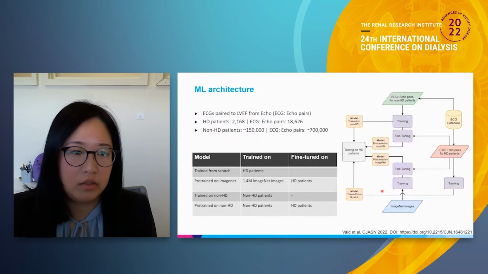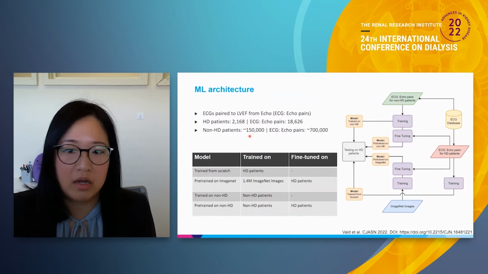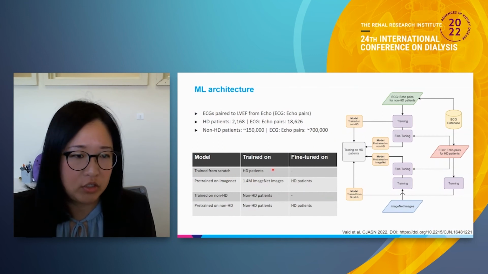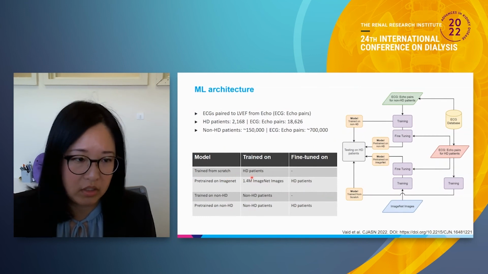So in our study, we used ECG and echo pairs from 2,000 HD patients and approximately 150,000 non-hemodialysis patients. And we trained our models using 4 different strategies. Trained from scratch, which is we trained on HD patients and then tested on HD patients.